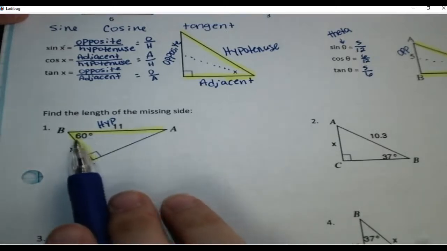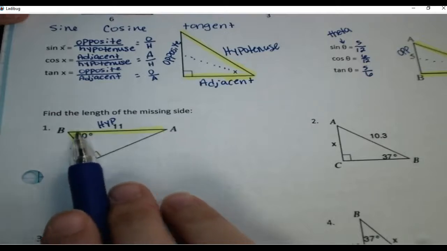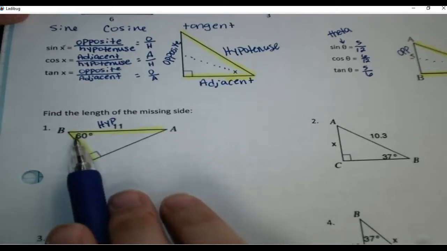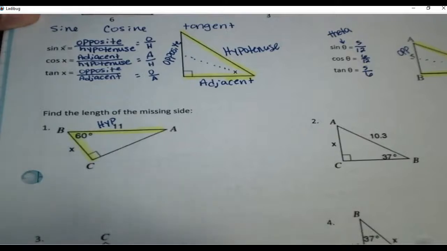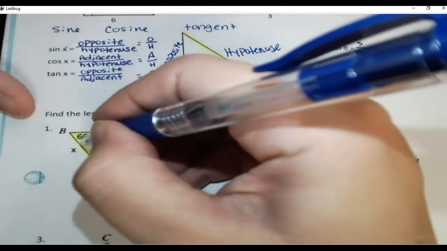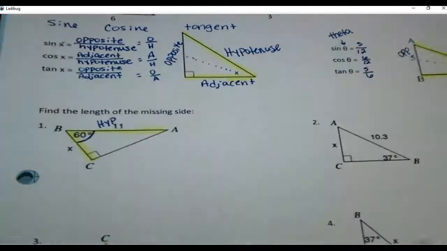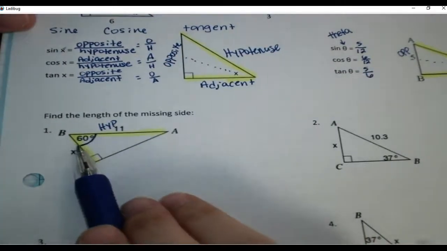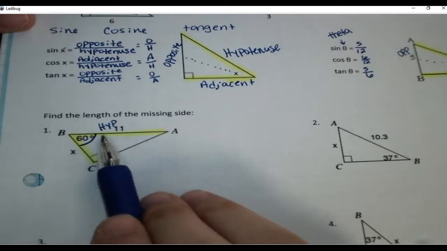It gave us 60, so these 2 sides make that 60. If you are struggling with which 2 sides to highlight, you can also draw an arc on the 60, and the 2 sides you highlight are the 2 sides that the arc touches, if that helps.